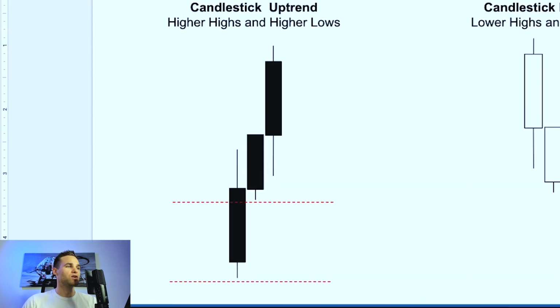And here's how you can actually put this to use. So let's say, for example, you're going to enter in this upward trend, right? Since we believe that price is likely going to respect the previous low of the candle in an uptrend, the previous high in a downtrend, we can go ahead and put our stop loss right below the candle. So in this scenario, you can put your stop loss right here as price moves on up, okay?